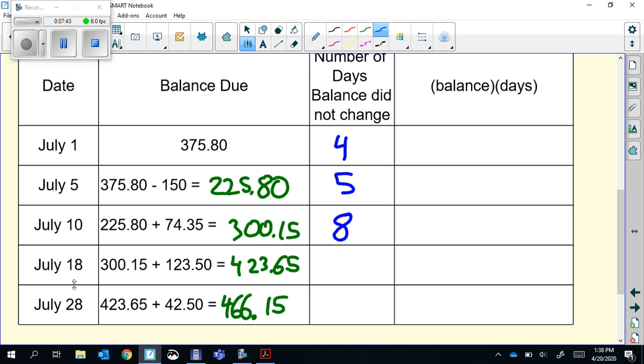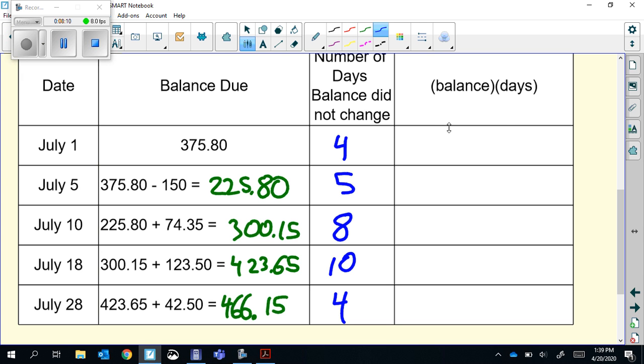And then from the 18th to the 28th, that's 10 days. And then until August 1st, there's 31 days in July, so the 28th, 29th, 30th, and 31st. It does not change, and that goes up until the 1st of August.